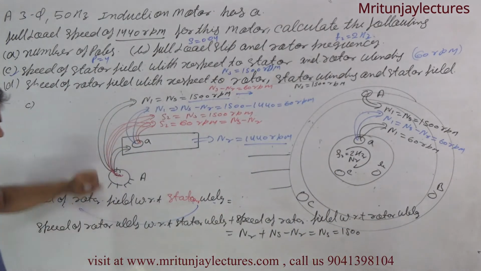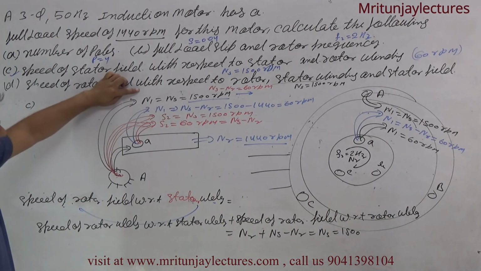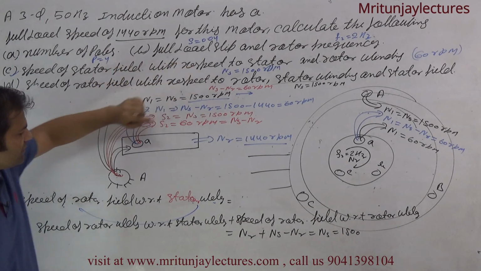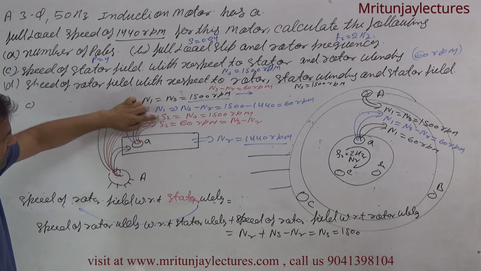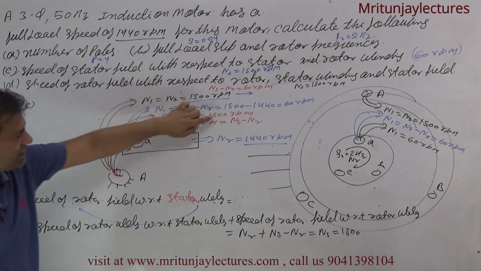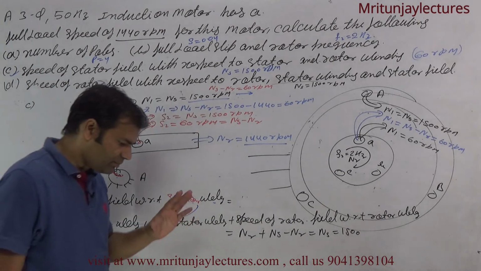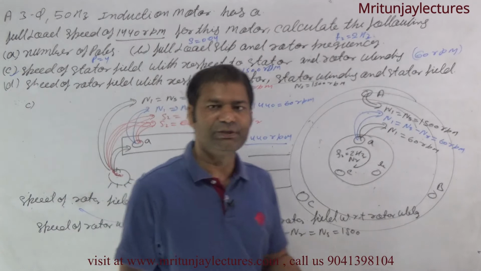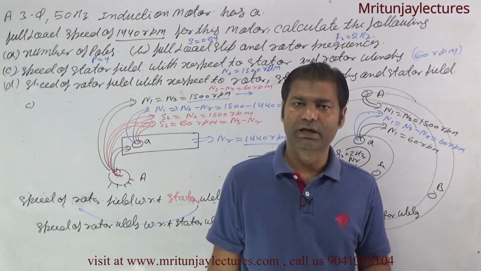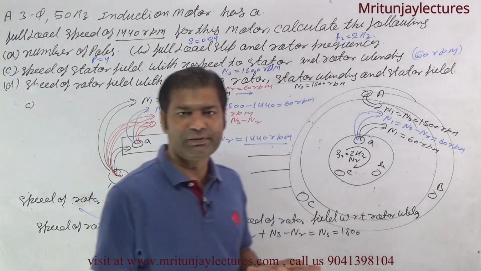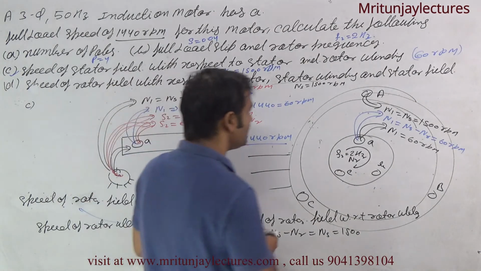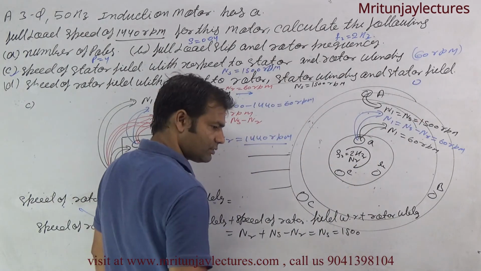Now check here: the speed of the stator field with respect to the stator winding, and the speed of the rotor field with respect to the stator winding, are both 1500 rpm. It means that with respect to the stator winding, the stator field and rotor field speeds are the same, or you can say the relative speed between both is 0.